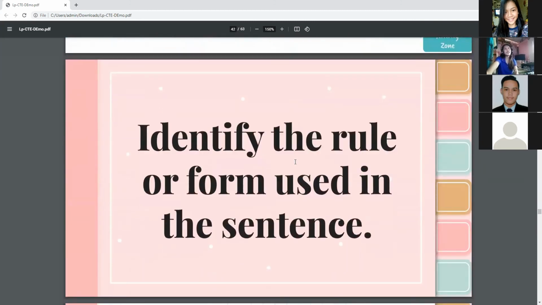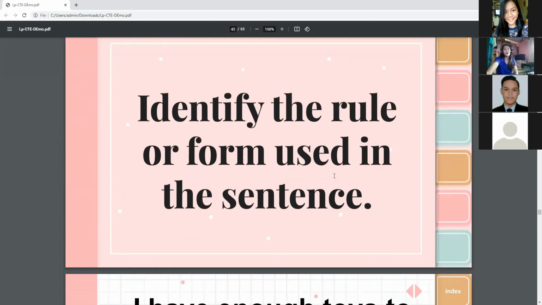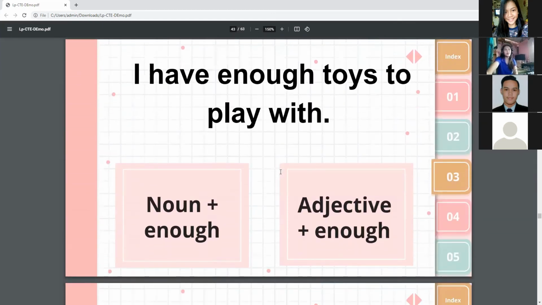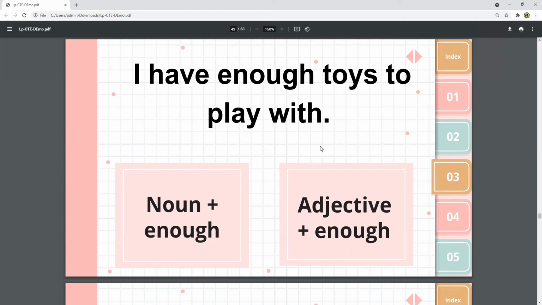In this activity, you have to identify the rule or form used in the sentence. Is the direction clear? Yes, ma'am. So the first sentence. Anthony, will you please read? I have enough toys to play with. Okay. So what is it, the form noun plus enough or adjective plus enough?